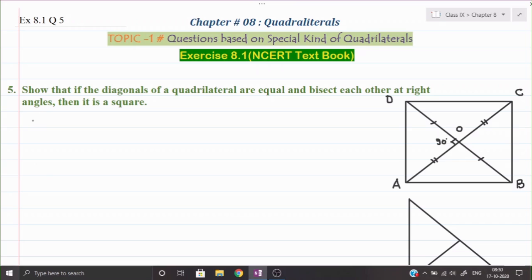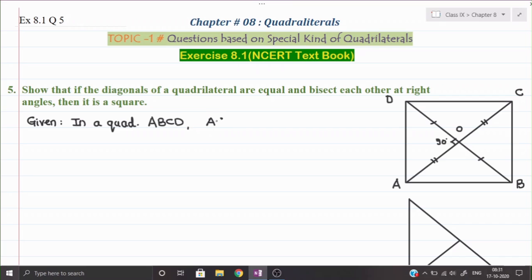First of all, we shall see the given. In the given, we shall write down: in quadrilateral ABCD, what is given to us?